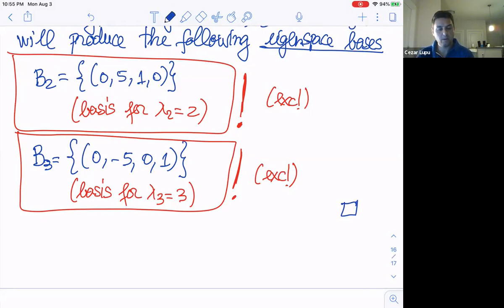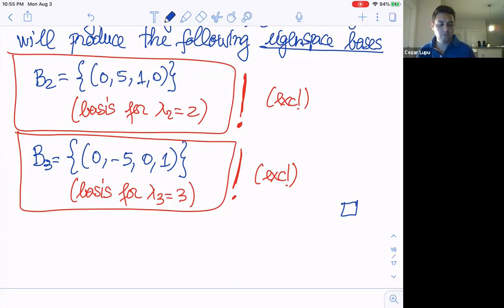Anyway, I'm not going to go into that. This is much more math involved, and I think a numerical analysis course will give you much more insight about this. Okay, so this is how we find the eigenvalues of matrices.